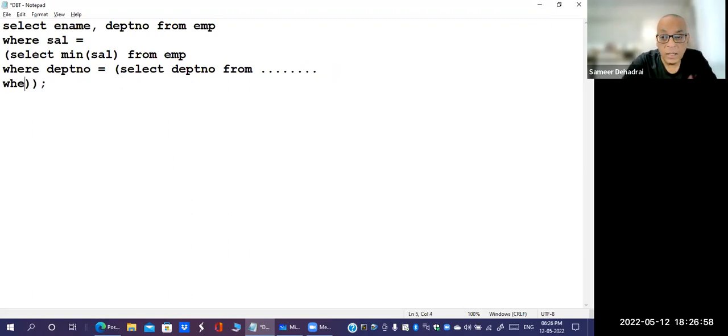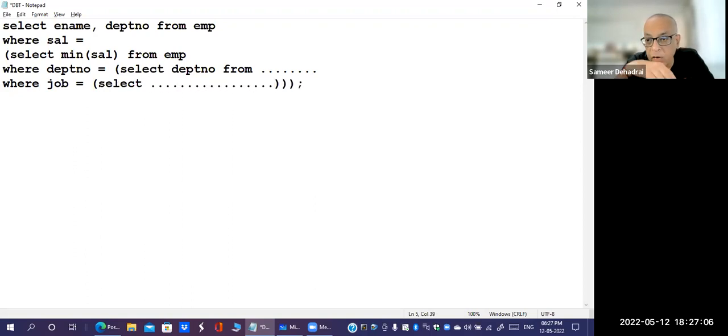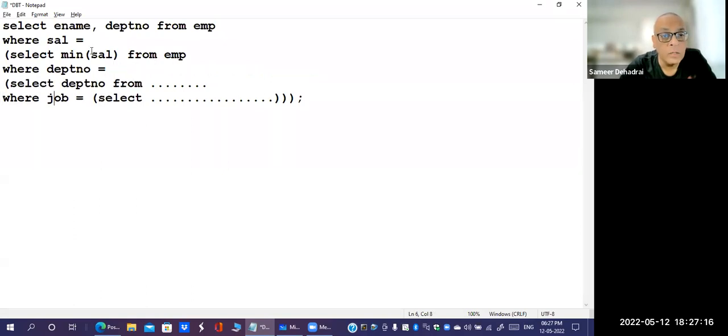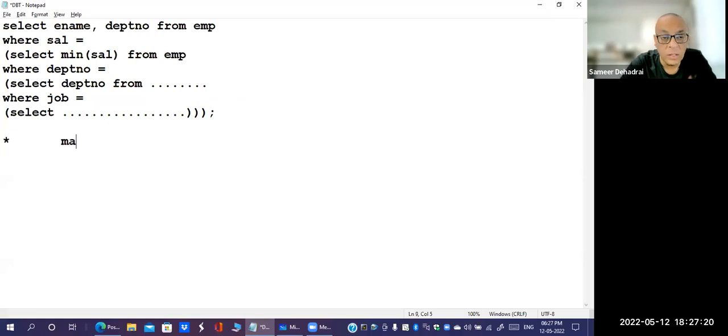And that sub-subquery can have a sub-sub-subquery, in which case the upper limit, maximum you can go up to is 255 levels. Maximum you can go up to 255 levels for subquery.